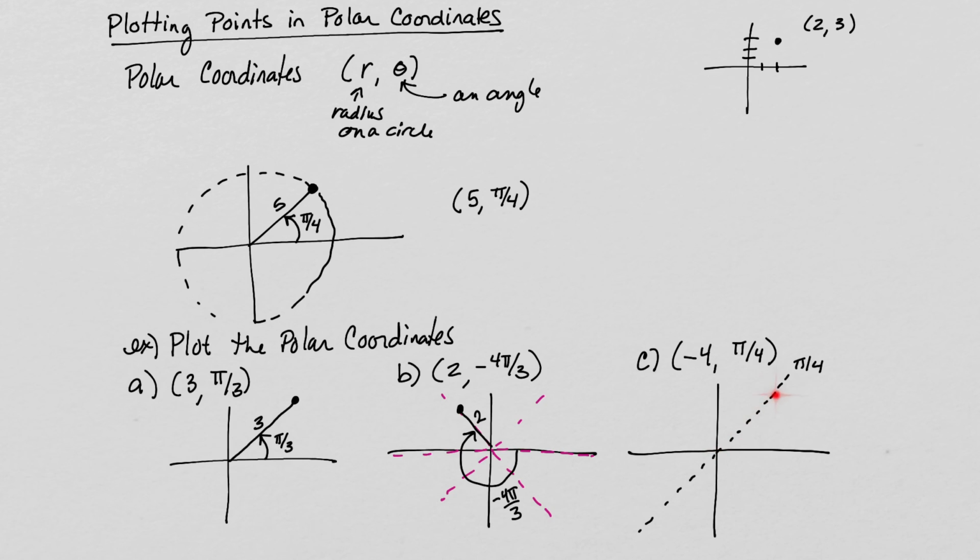A positive point would go this way, but a negative means that rather than going out this way, we go out this way, out this direction 4. All the negative is saying is go on the opposite side of that angle.